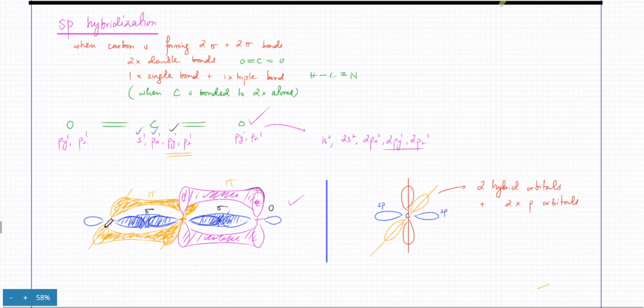Okay, is this clear? And I have to write the angles over here. The angles are 180 degrees, and the shape is linear. I mean the blue orbitals would be opposite to each other. If one is on the right, the other is on the left. Is this clear? Amal, do you have any questions?